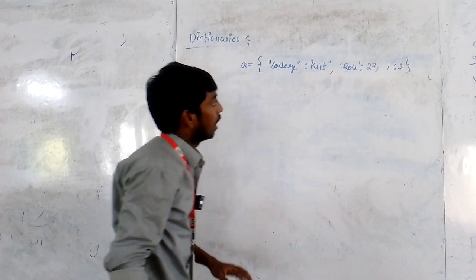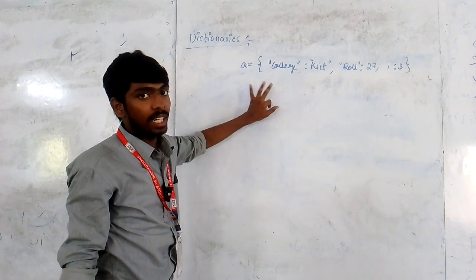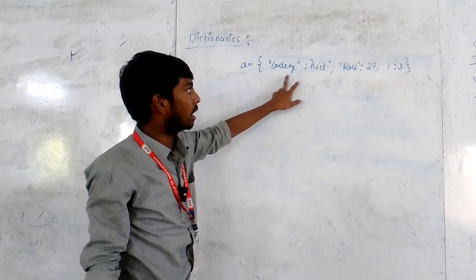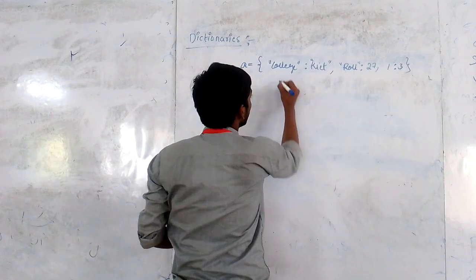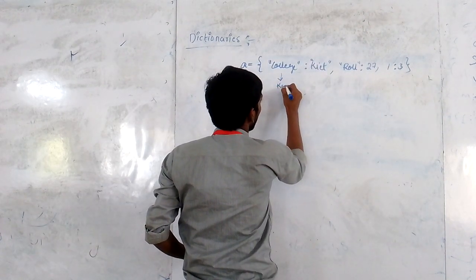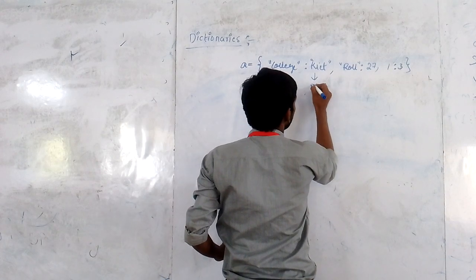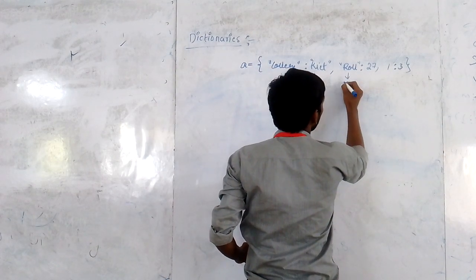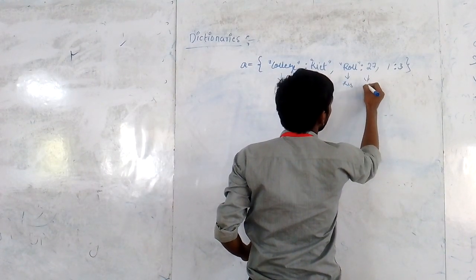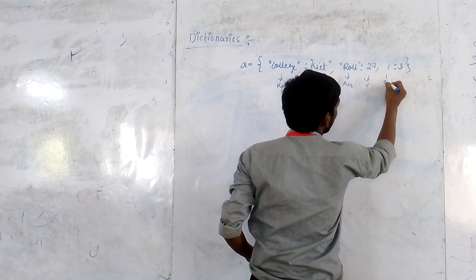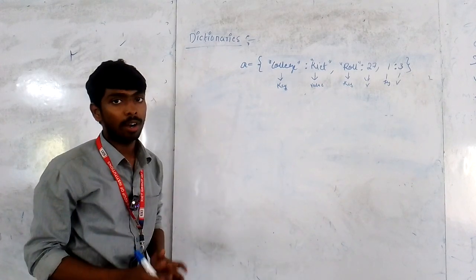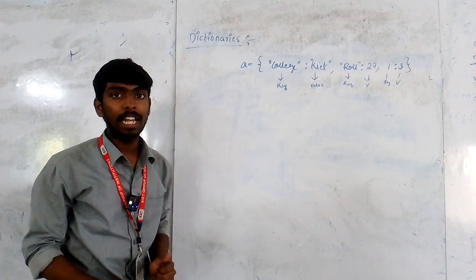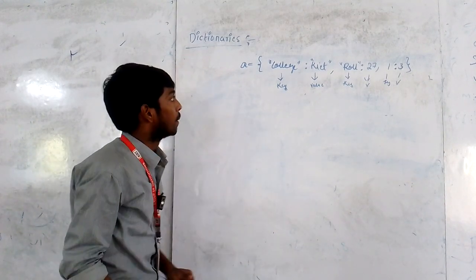You can observe in this example I have taken three key-value pairs: college, kite; roll, 27; 1, 3. So in this, college is the key, kite is its value, roll is the key, 27 its value, 1 is the key, 3 is its value. So a dictionary is ordered, changeable, but it will not allow duplicates.